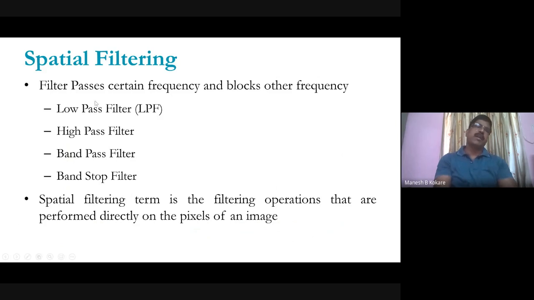Particularly in computer vision, low pass filters and high pass filters are used. Basically this can be done in two domains: one is the spatial domain and the other is the frequency domain. Spatial domain means the domain of the image which we capture and represent.